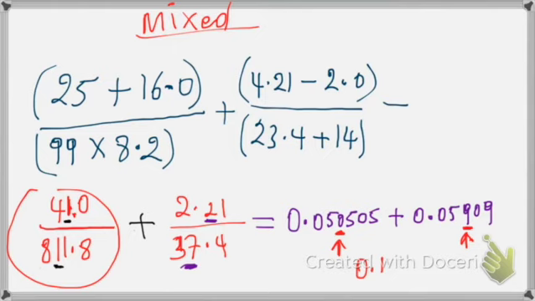If you do it on a calculator, it comes up to 0.109. So would you round up in that case? Yes, you round because you want two decimal places. You stop here and you round it to 0.11. So that would be your answer.